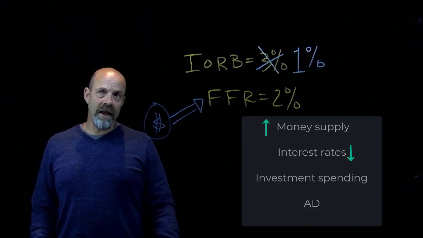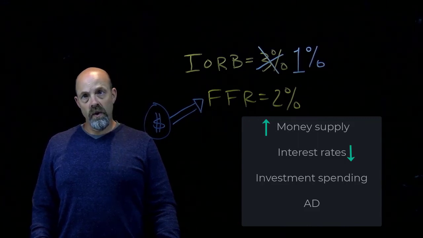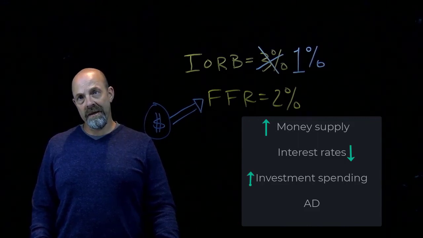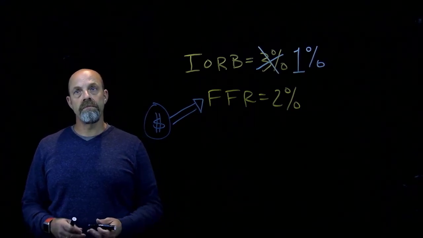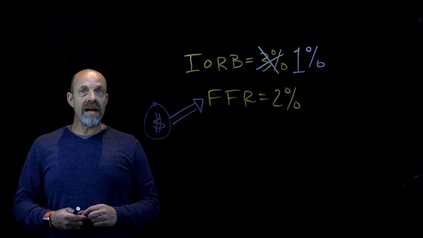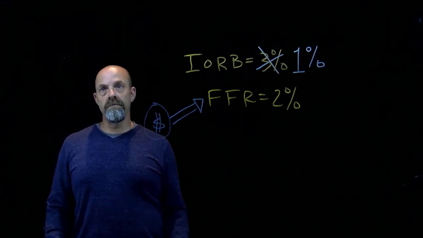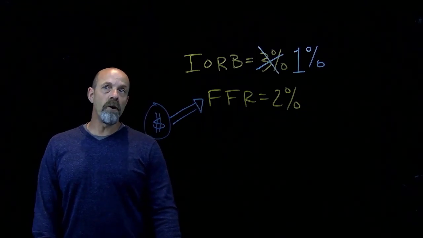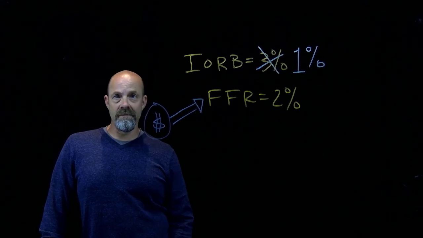That lower interest rate will encourage more investment spending, thus shifting the aggregate demand curve outward. So that's an overview of the ample reserves regime used by the Fed as opposed to open market operations to expanding the money supply and stimulating the economy.